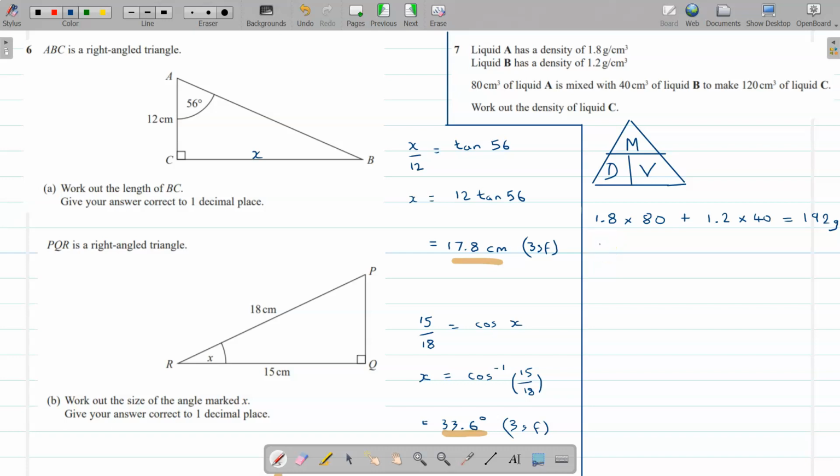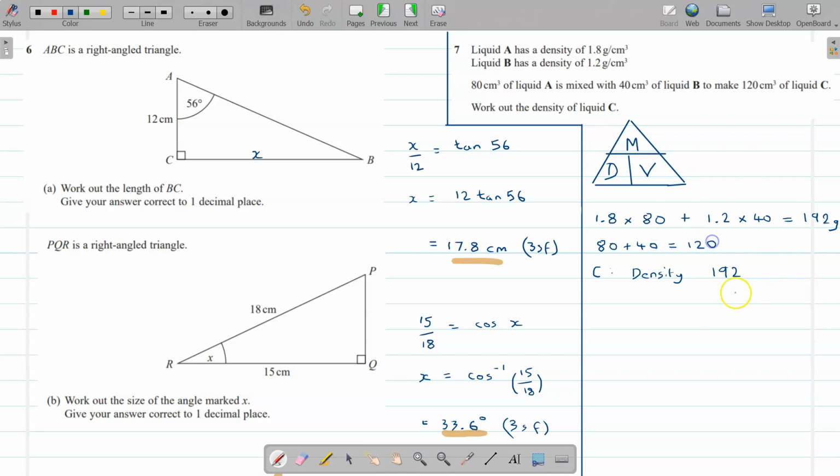So the density of liquid C is going to be 192 divided by the volume, which is 80 plus 40 equals 120.